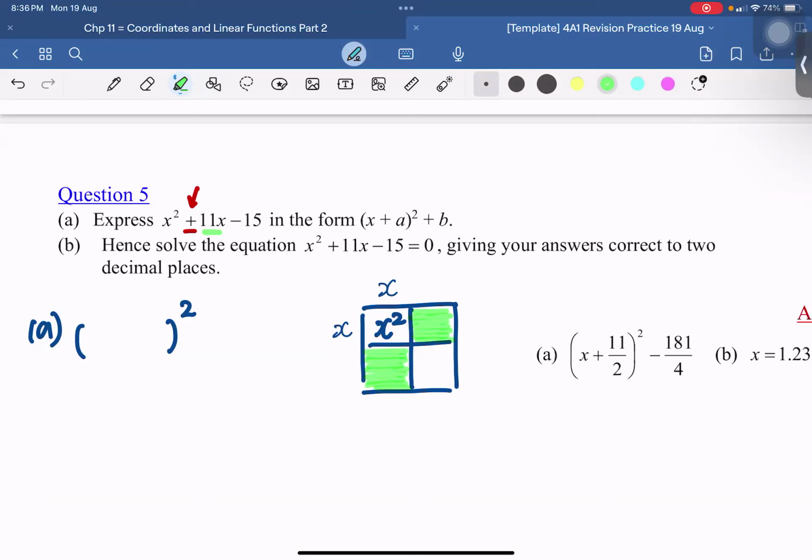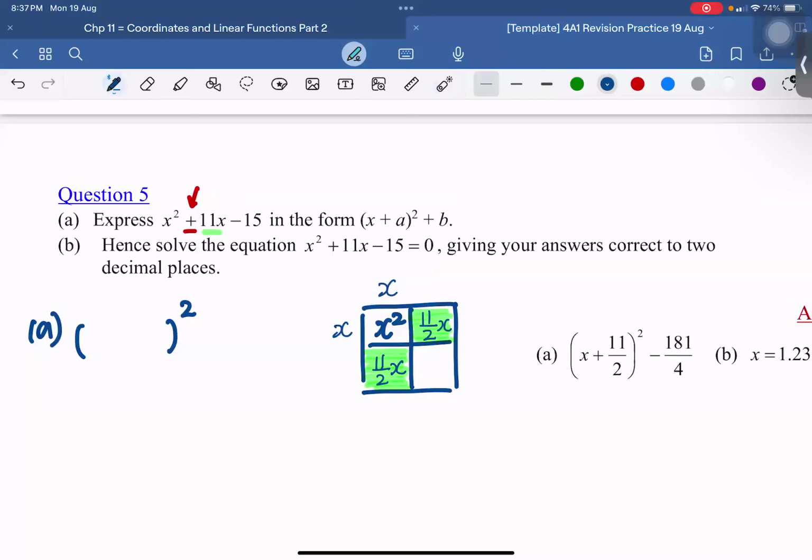Correct? So this one, I split it into 2. Don't use decimal place. Keep it in improper fraction. So this one will become 11 over 2x, 11 over 2x. Okay, what number times x can give you 11 over 2x?